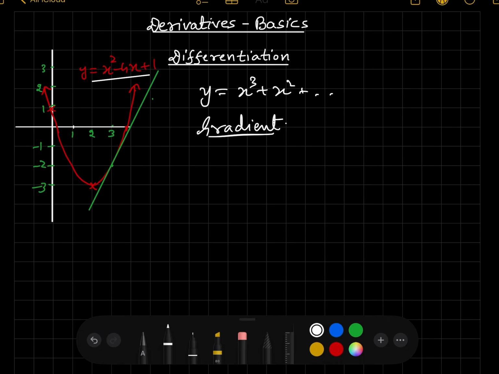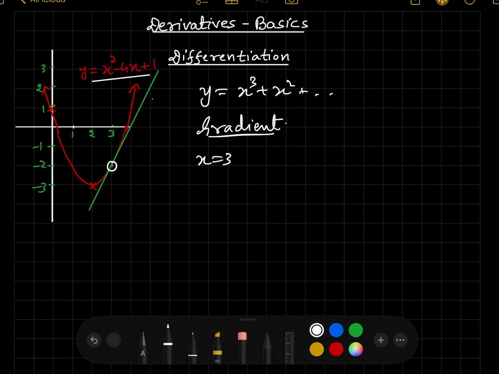Here I have plotted this quadratic function, but if I am supposed to find the gradient of my quadratic function at x equals 3, then I will simply draw a tangent at the x equals 3 point on the curve.